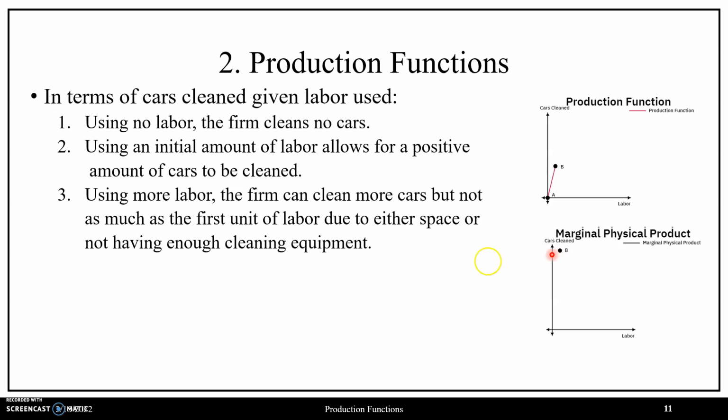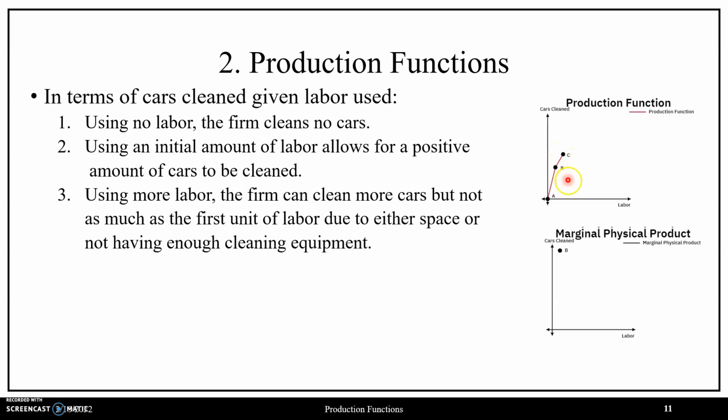Now, if the firm decides to bring a second person on board, using more labor, the firm can clean more cars, but not as much as bringing that first person on board, either due to a lack of space or not having enough cleaning equipment. So then how we represent this in terms of our production function is that we go to point C, where we see there's more labor being used and further quantity of cars being cleaned as a result.